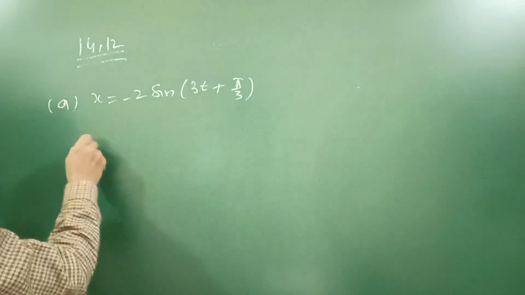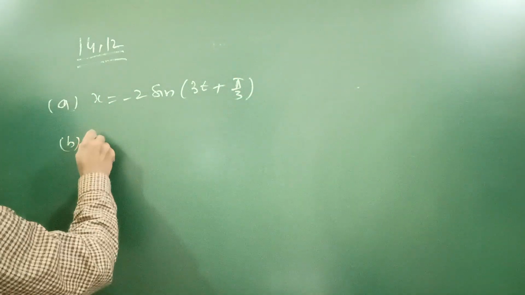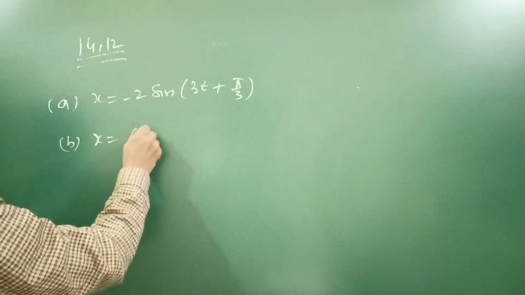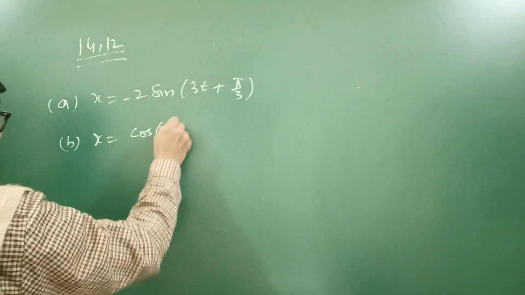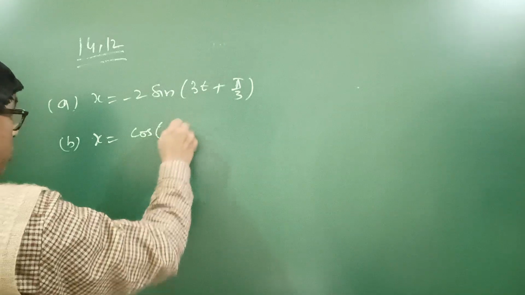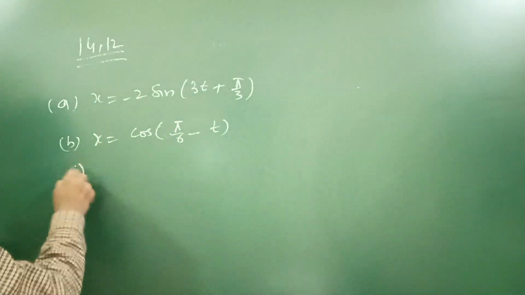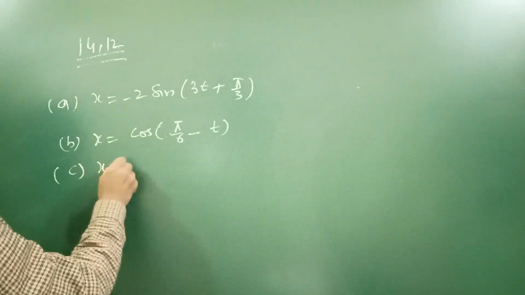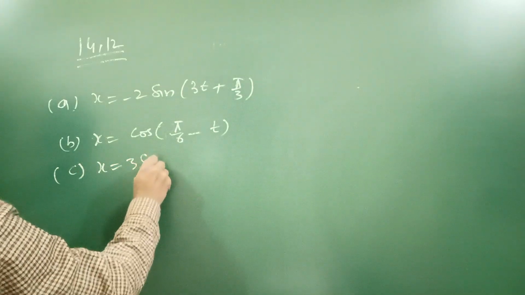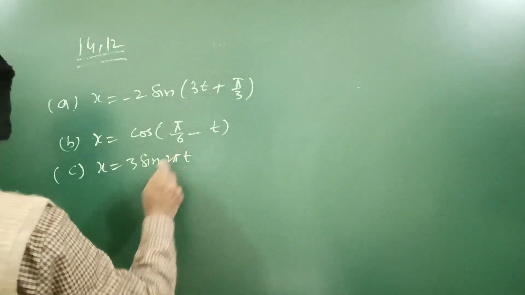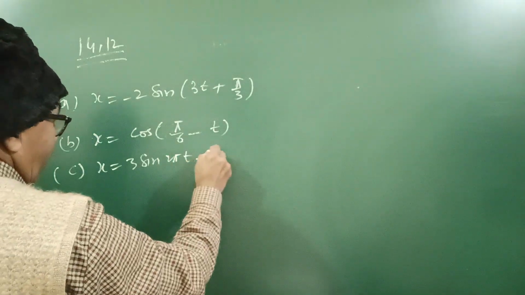This is one. Part b is given: x equal to cos(pi by 6 minus t). Part c is: x equal to 3 sin(2 pi t plus pi by 4).